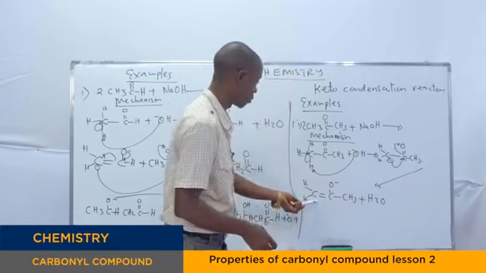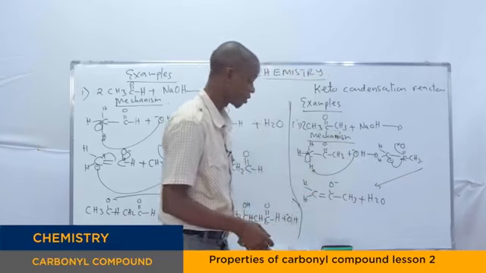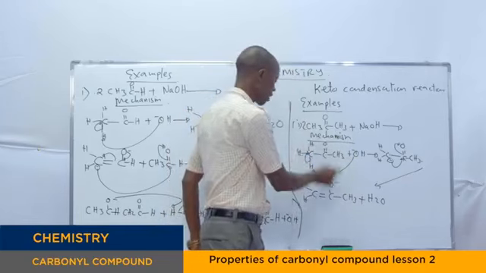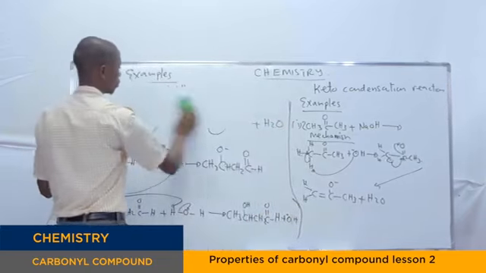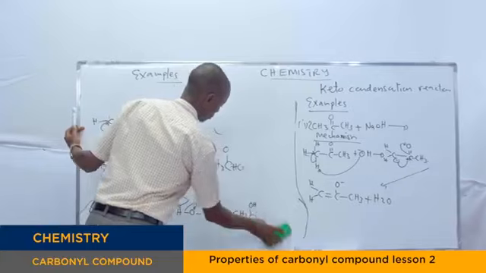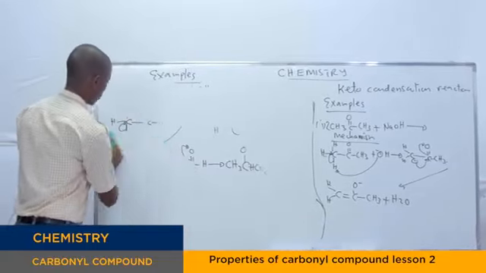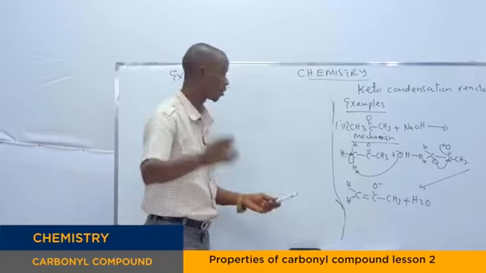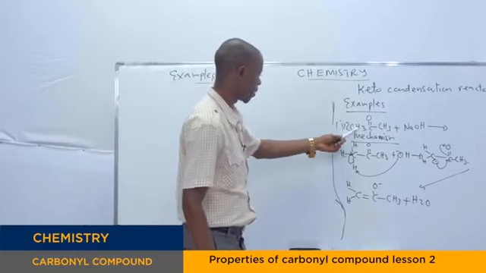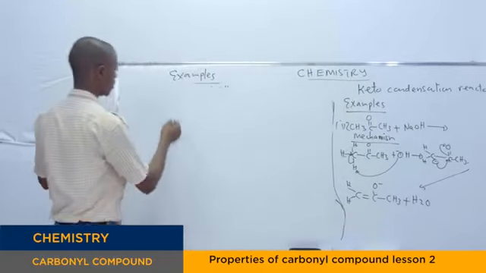This is the first molecule reacting with sodium hydroxide. So we can get to the second molecule of ketone. Now, the second molecule of ketone, or propanone, reacts with that one.